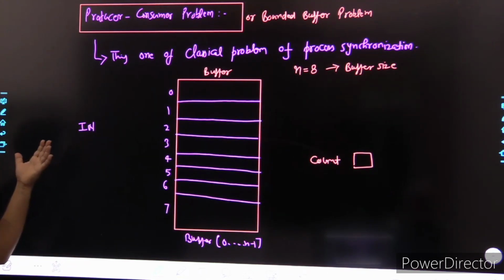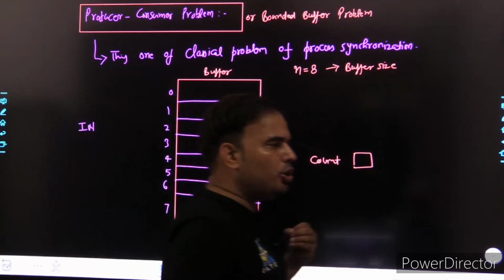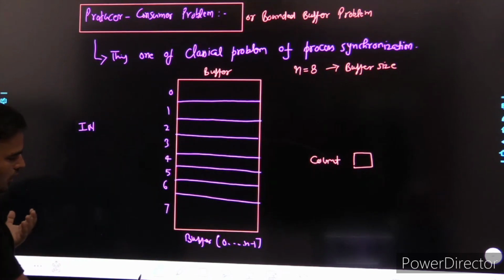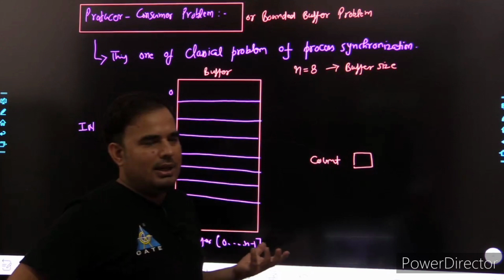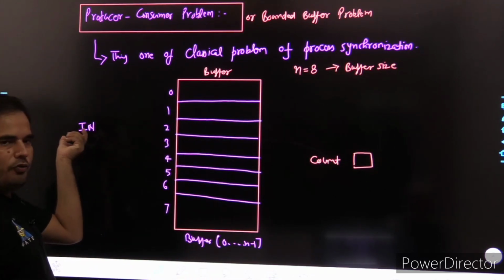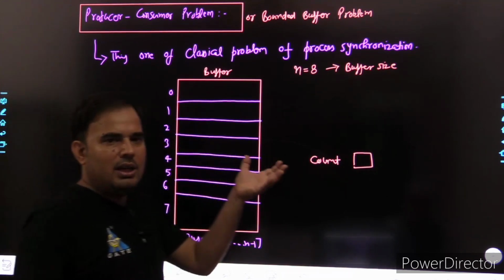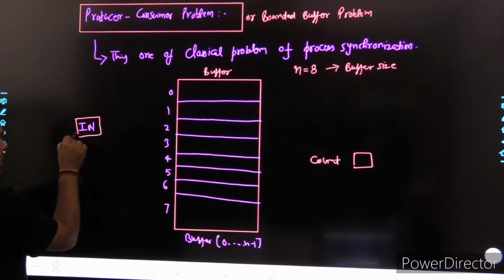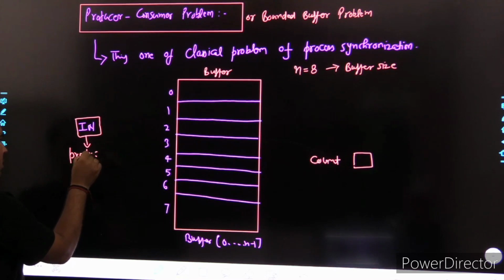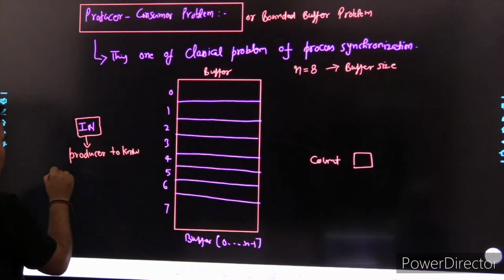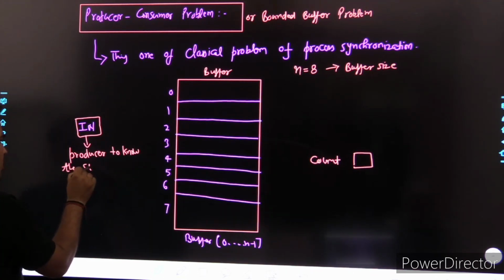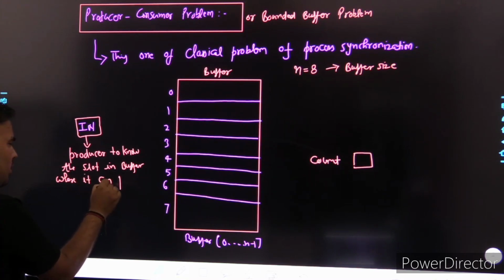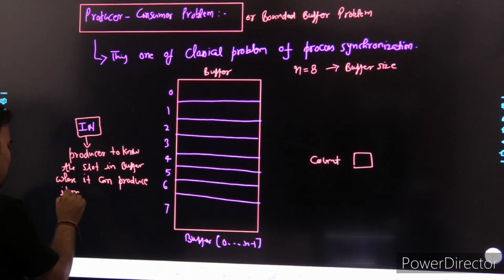The in variable is used by the producer to know the slot in the buffer where it can produce the item, that is, where it can produce the next item.